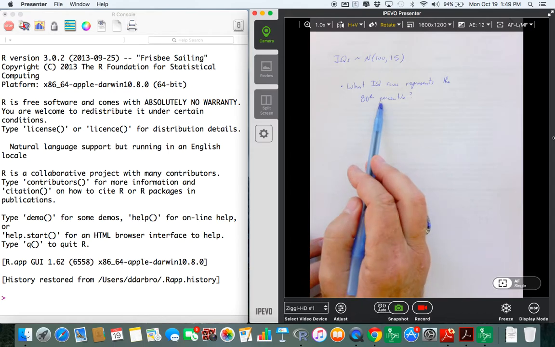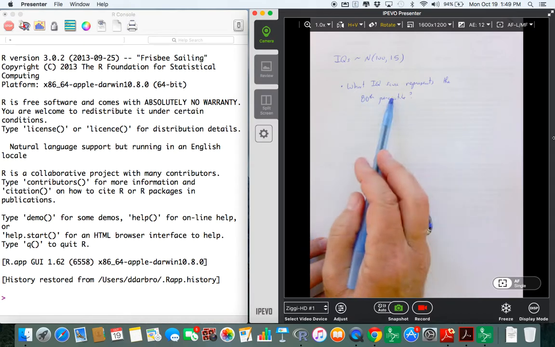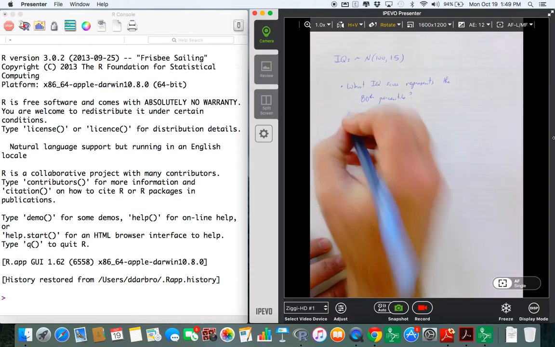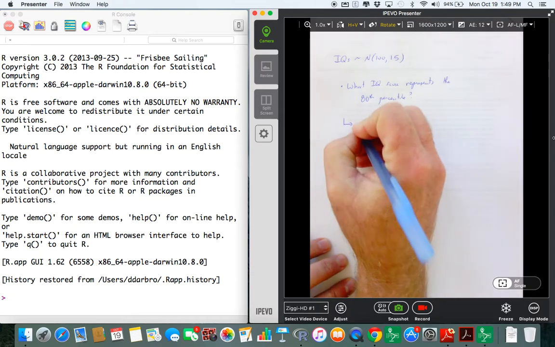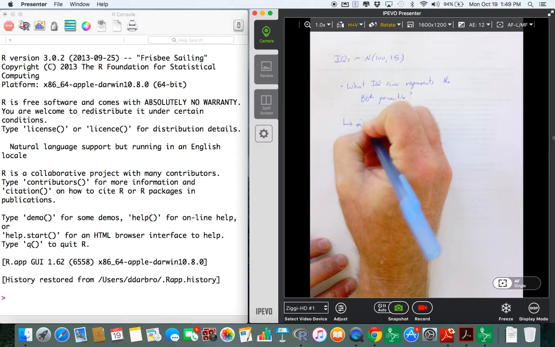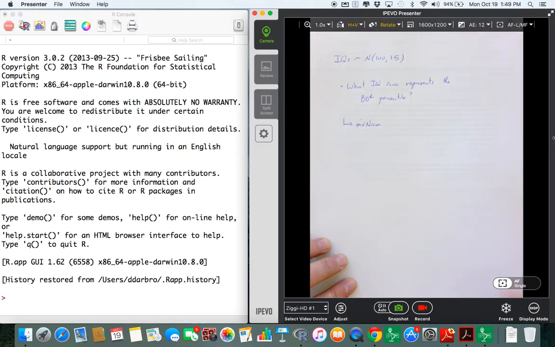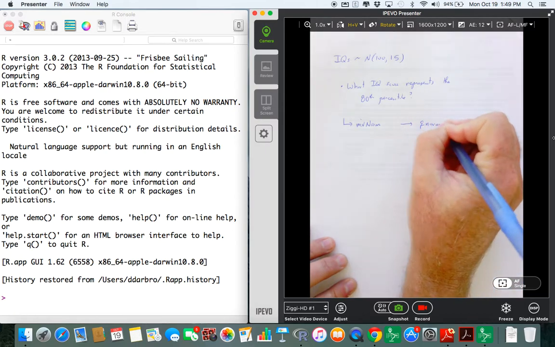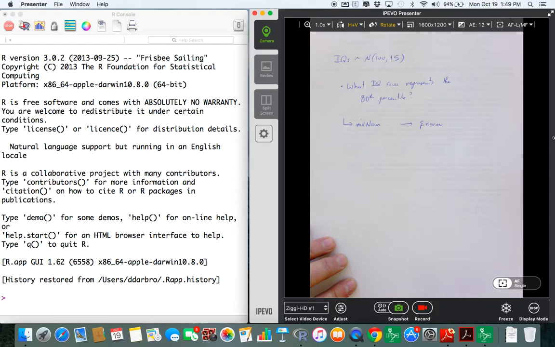Nothing that starts with a P. This information is given. I'm asking you to find a score from the distribution that has this characteristic. Therefore, you would use the inverse norm key on your TI-84, and you would use the qnorm key on R.